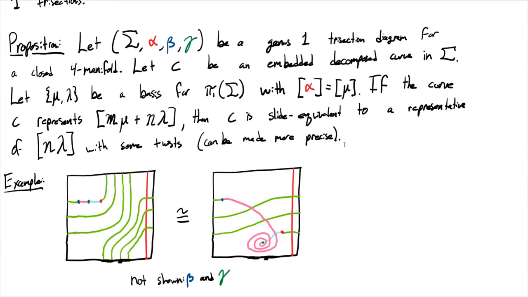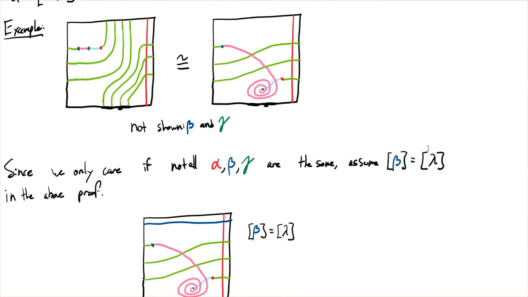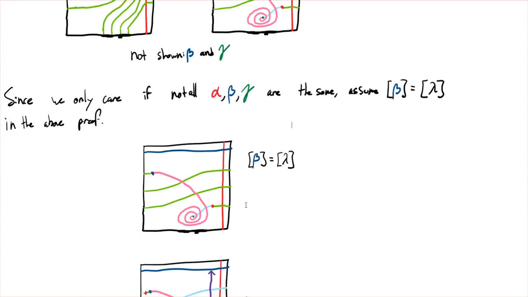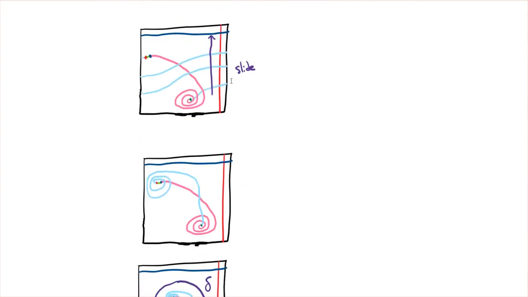Okay, so why is this good? Well, remember that we're in the situation where we wanted at least 2 of those fractions to be distinct. It's not hard to show that in this case we know that one of the beta or gamma curves is actually dual to the red curve. And so in this situation, you can grow this blue arc and then perform this multi-slide, and when you do that, you'll get this kind of twisted, crumpled up thing in the middle, but it's away from the red and blue curves completely.